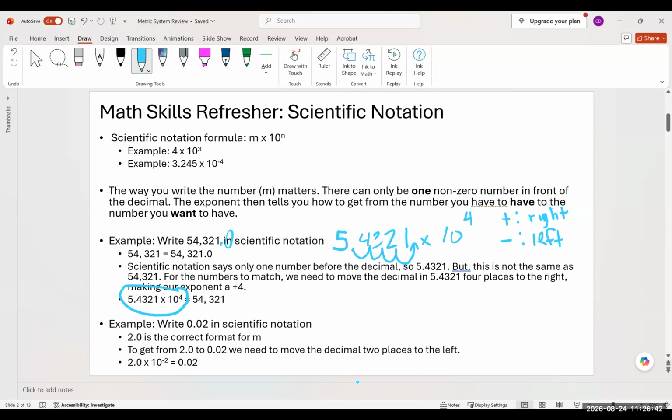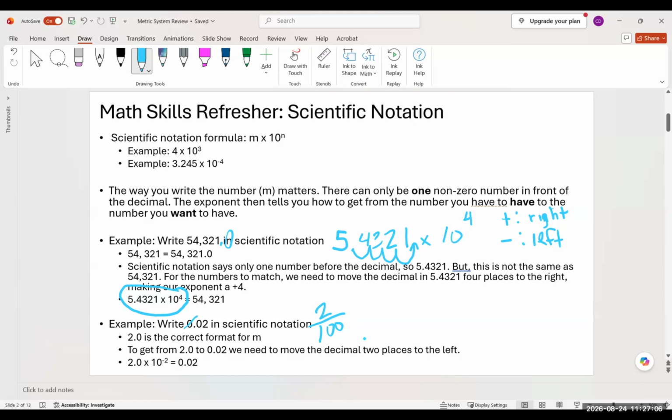In the second example, the exponent is going to be negative because look at the number we're working with here. It's 0.02, which is 2/100ths. So it's a fraction. That is the same as saying 2 out of 100, or 2/100ths. So if we want to write this number in scientific notation, we're going to take the same steps. We have to find the first non-zero number.